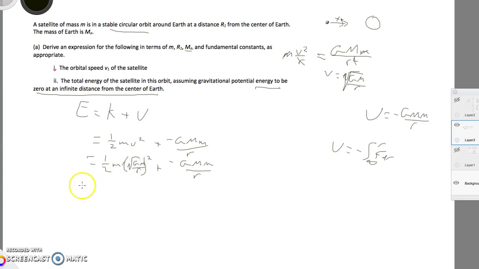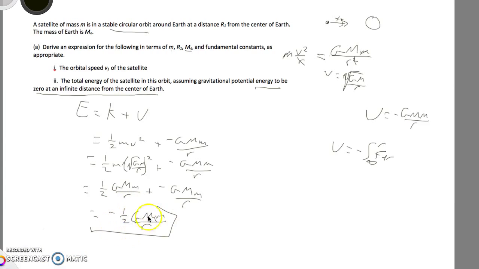Okay, when we square this, we get 1/2 GM over r plus negative GM over r. So when we combine these, this is like negative 1 plus 1/2, and so we get negative 1/2 GM over r as our total energy.